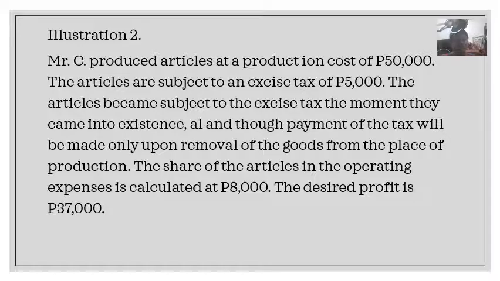Sama mo. And then, ang desired profit niya, ang gusto niyang kitain dun sa ipinuduce niya na worth 50,000 is 37,500. So, i-add mo lahat yan. The answer is, yan ang sisingilin lahat ni Mr. C kay buyer. So, the answer is 100,000 ang gross selling price.